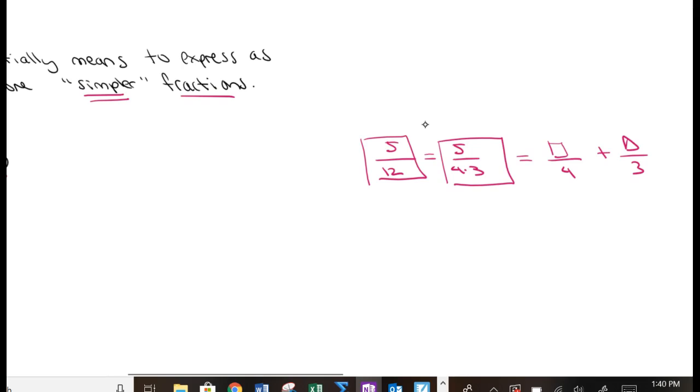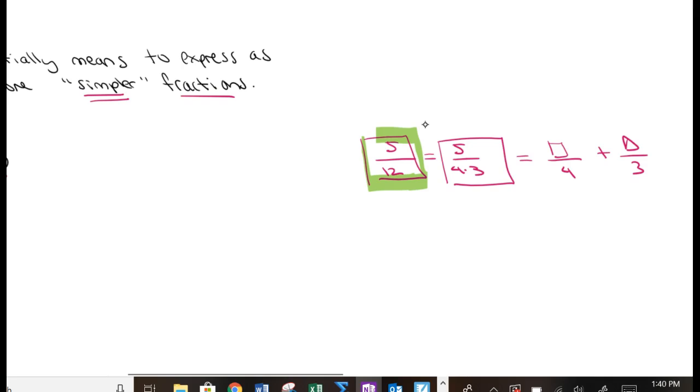Now I know some of you are saying, well, this 4 I can write as 2 times 2, and I know that you can, but I just want to disregard that for right now. The point I'm making is that a fraction, in this case 5/12, I could rewrite as a sum of two simpler fractions. And by simpler fractions, you probably see what I mean.